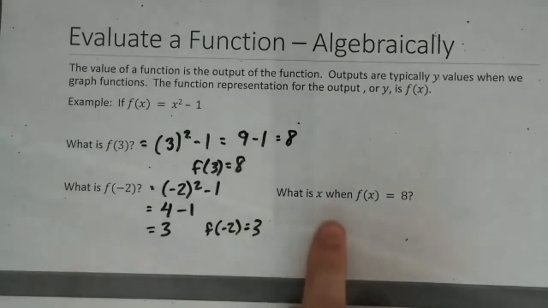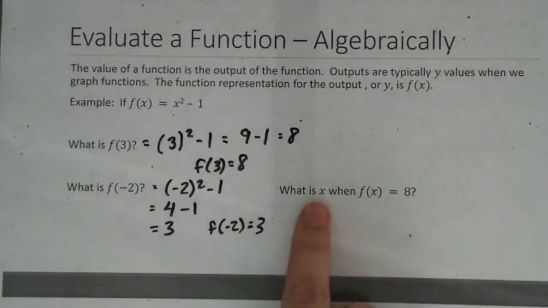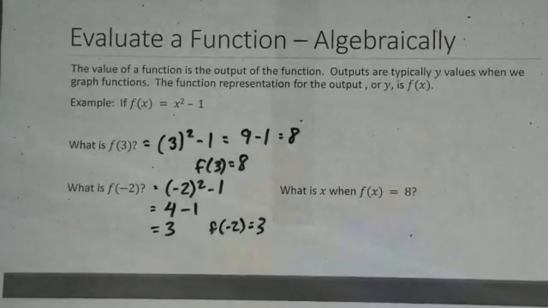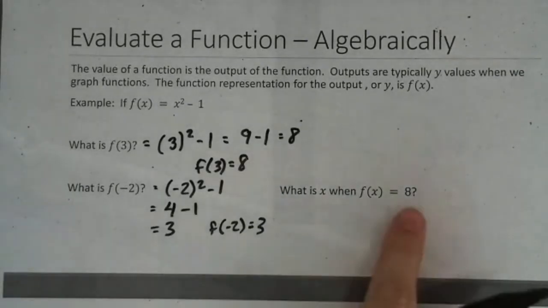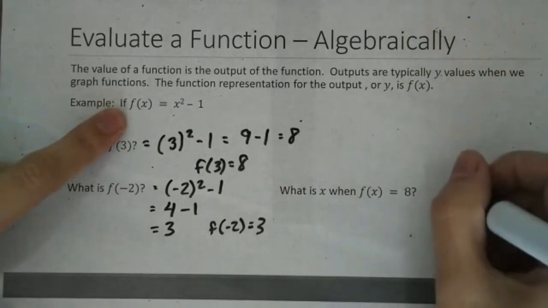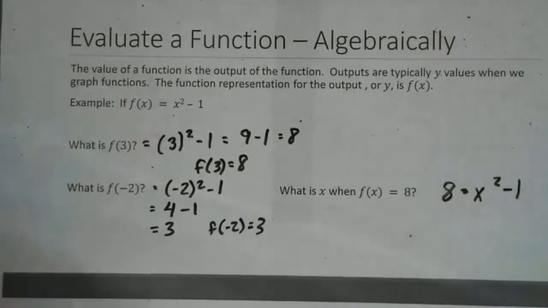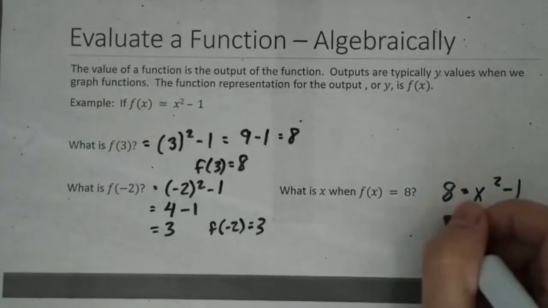Then we want to know what is x when f of x equals 8. So this one's different than the last two. We're trying to find x when f of x equals 8. So I need to plug in 8 where f of x is. So that would be 8 is equal to x squared minus 1. I want to solve for x, so I'll add 1 to both sides.